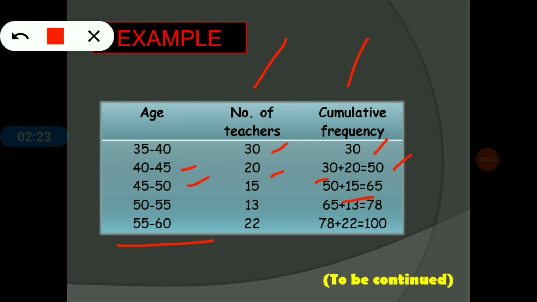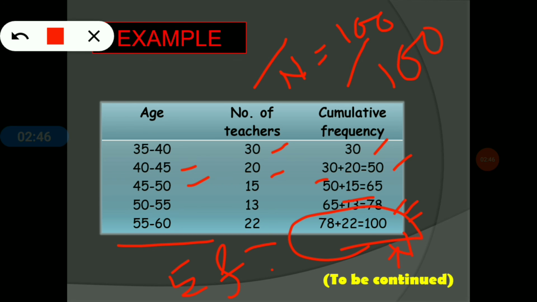Now going to the last one, 78 plus 22 equals 100, and 100 means capital N, 100 means summation f. Clear? So N is equal to 100. Okay, 30 plus 20 plus 15 plus 13 plus 22 equals 100 also.